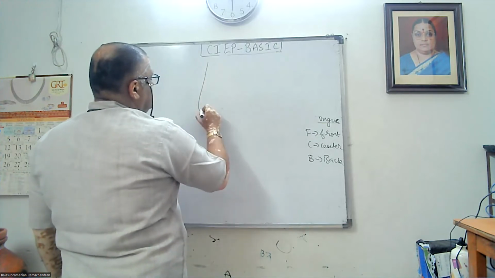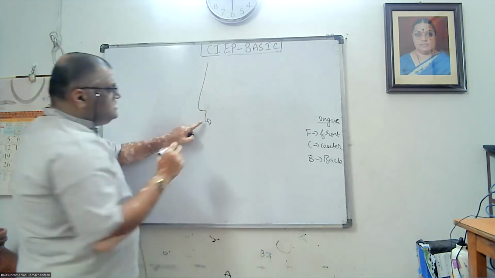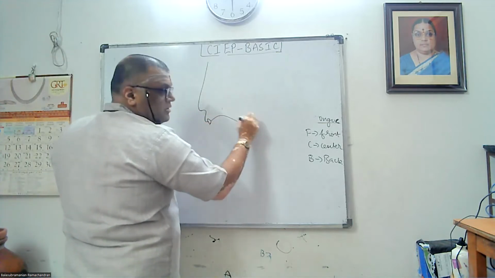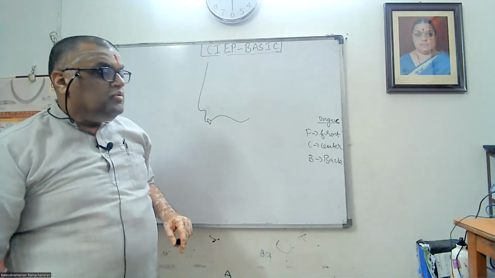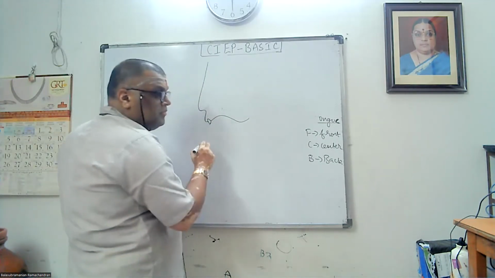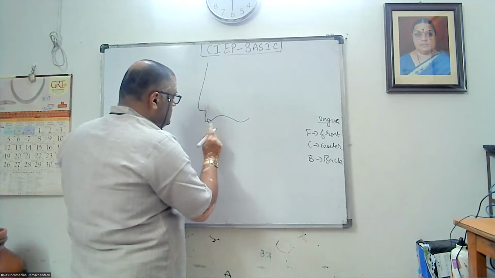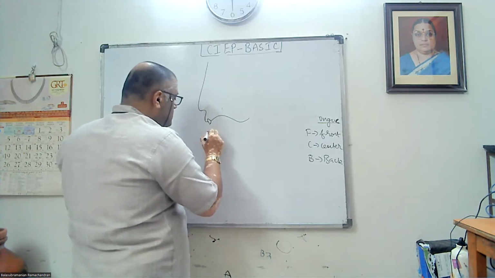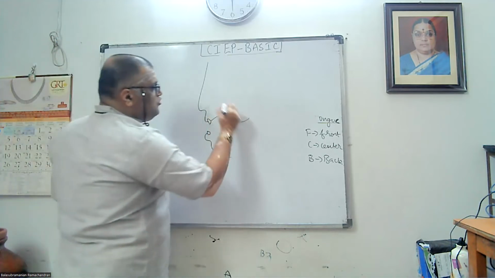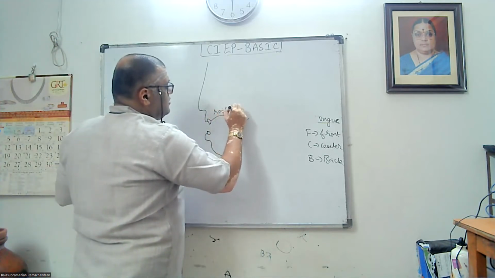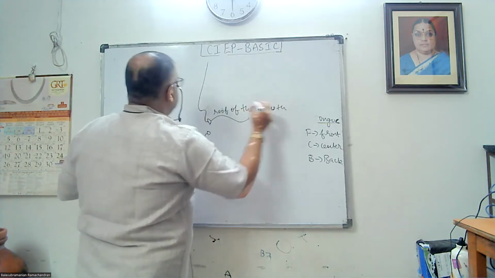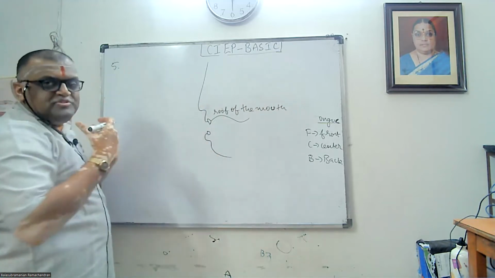So this is the upper lip and lower lip. This is the roof of the mouth. Let us look at what happens to the tongue when you produce sound number 5.